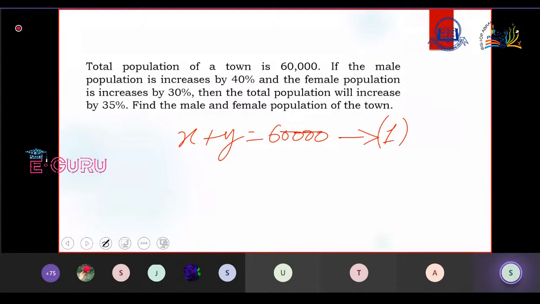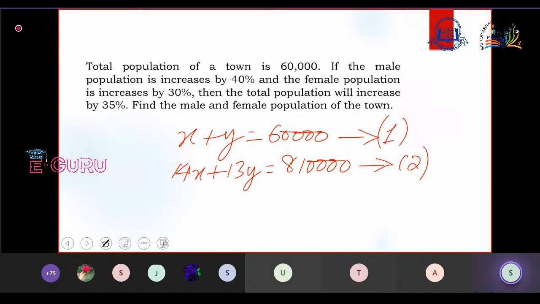Then 14x plus 13y equals 8,10,000. Put as equation number 2.